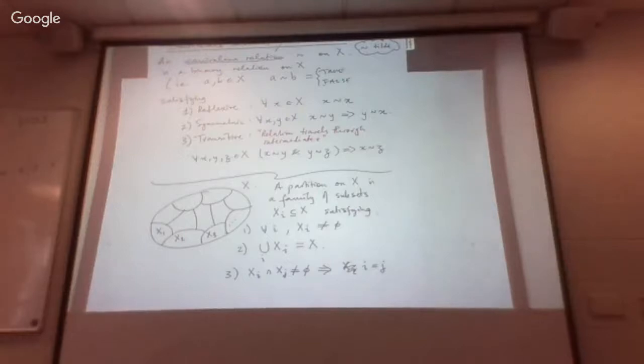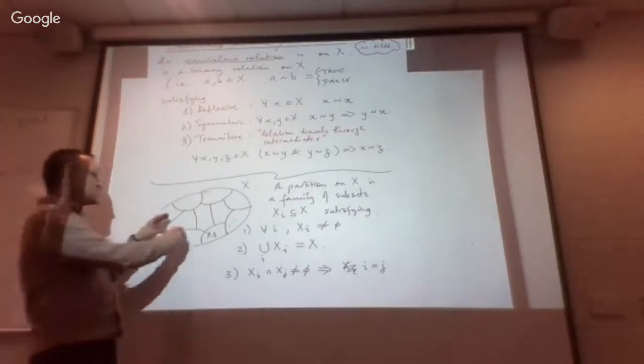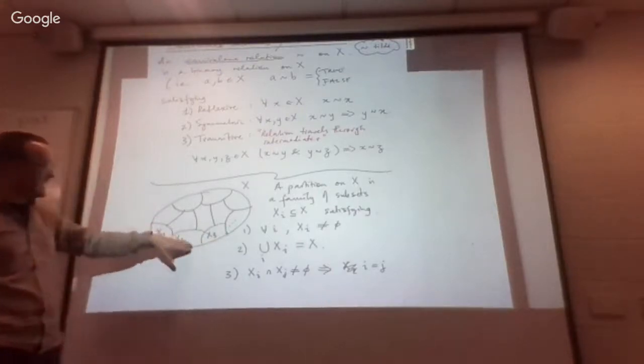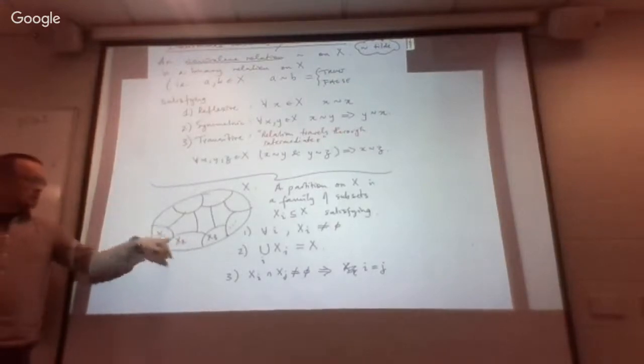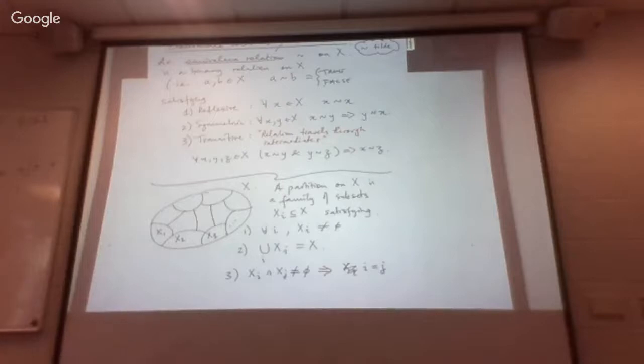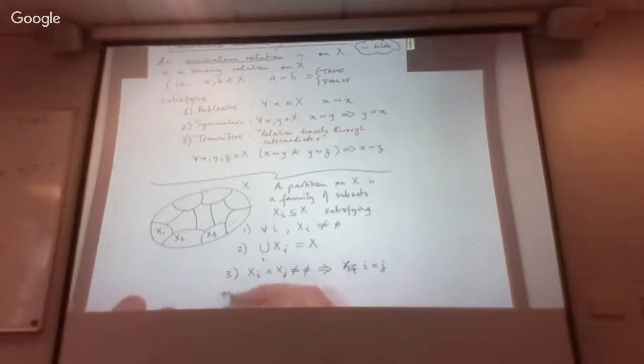The i is actually equal to j. So if you're looking at two separate sets, x1 and x2, if it's clear that the indices aren't equal, then the two sets have no intersection. Or equivalently, if i is not equal to j, that implies that the intersection is empty.